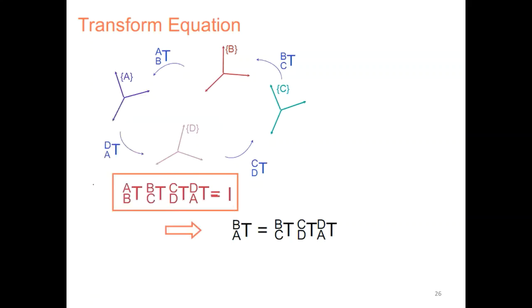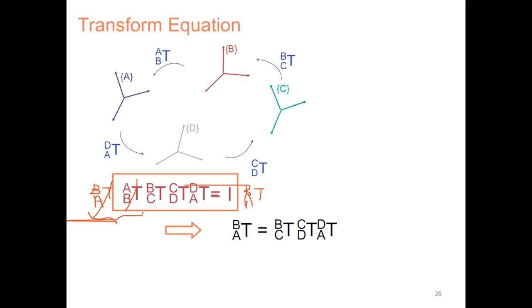So if you multiply this side with B_AT, and also the other side with B_AT, both sides, what happens is that this B_AT and this A_BT cancel out, because A_BT is the inverse of B_AT.